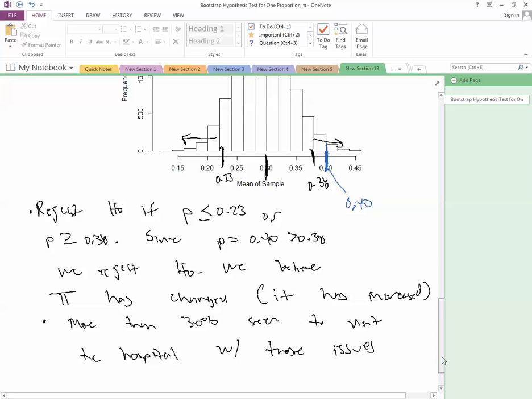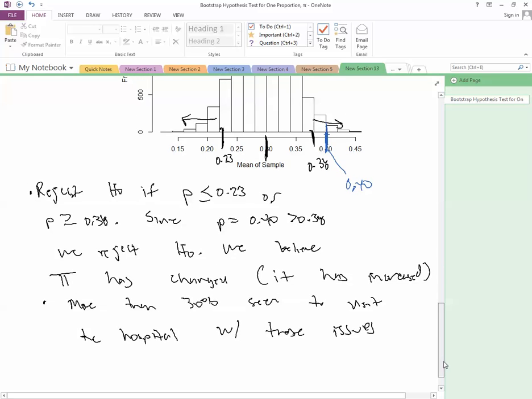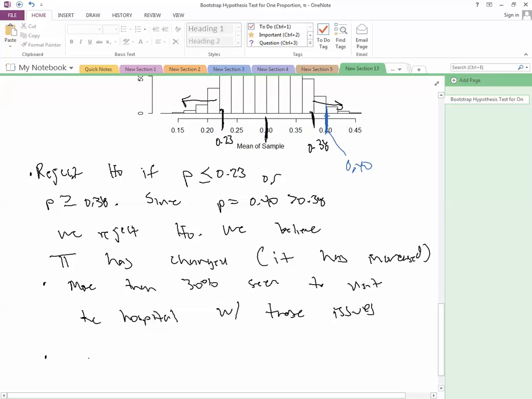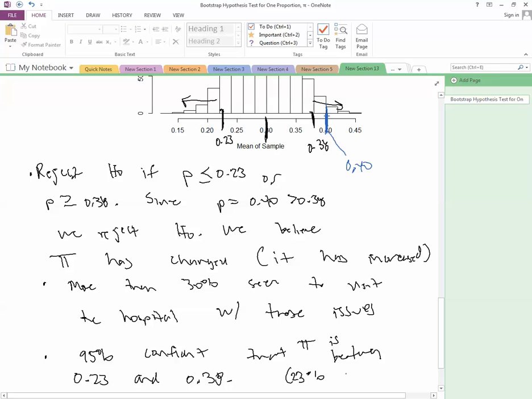So we can say also that we're 95% confident that pi is between 0.23 and 0.38. In other words, somewhere between 23% and 38% of people visit the hospital for this particular medical condition.